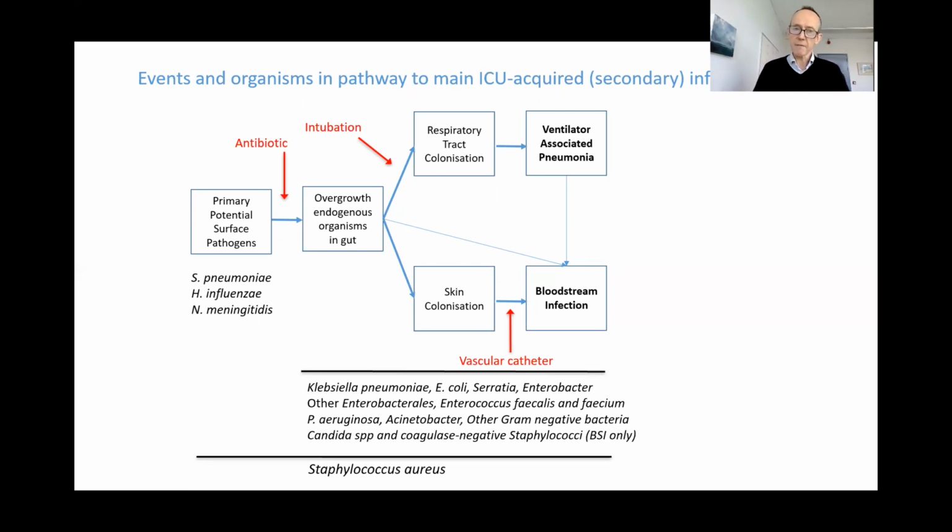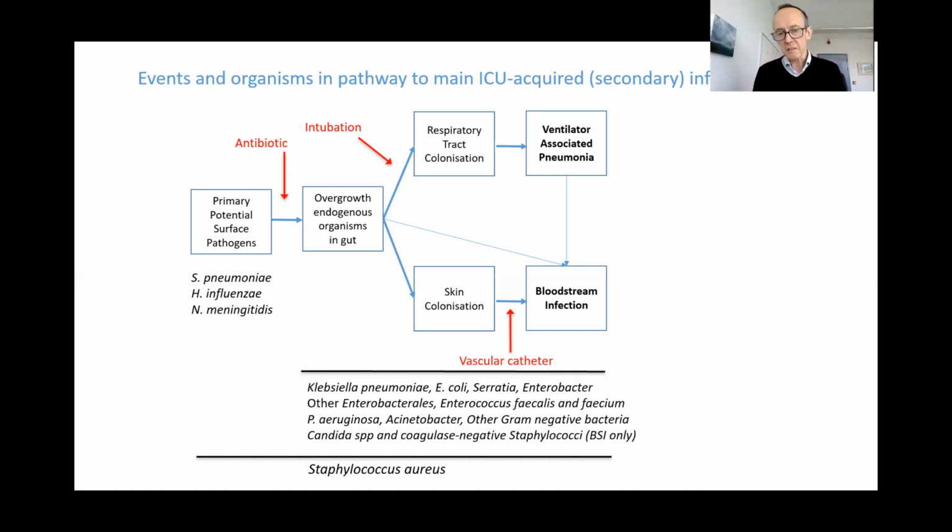And then when the patient is laid flat and intubated, these bugs can come out either end and start to colonize the respiratory tract, which can lead to ventilator-associated pneumonia at the top, or they can colonize the skin. And when a vascular catheter is inserted, that can give bacteria access into the blood. Now at the bottom there, I've given a list of the dominant organisms causing both these infections.